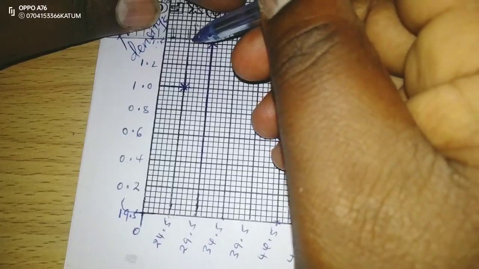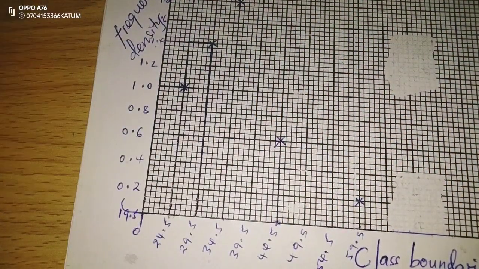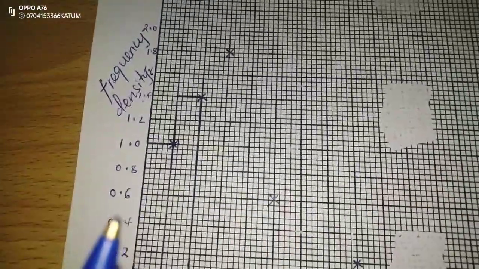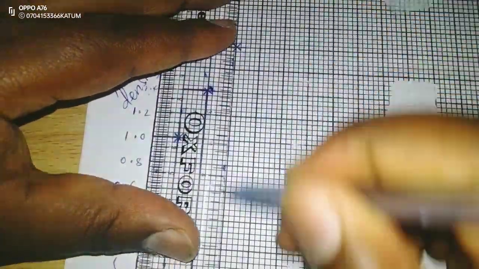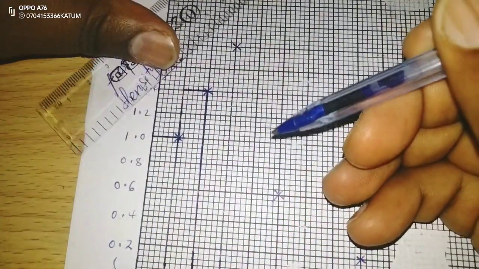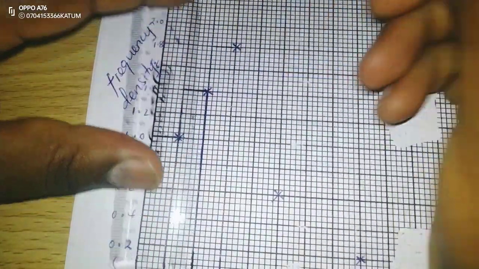So this is the next. Then the other one now is having a bigger height of 1.8. So up to here. Yeah, this is the other class now.